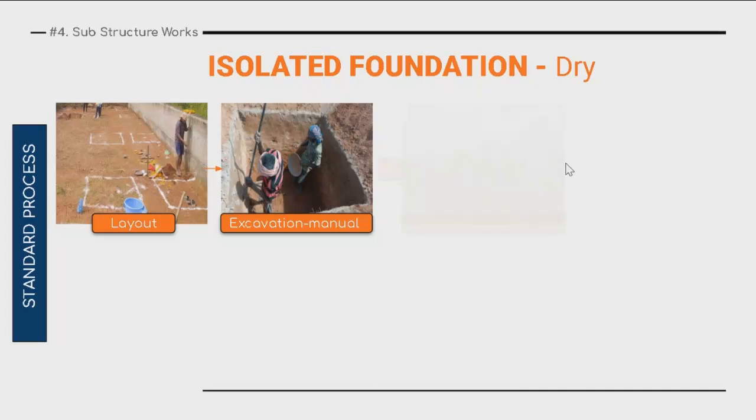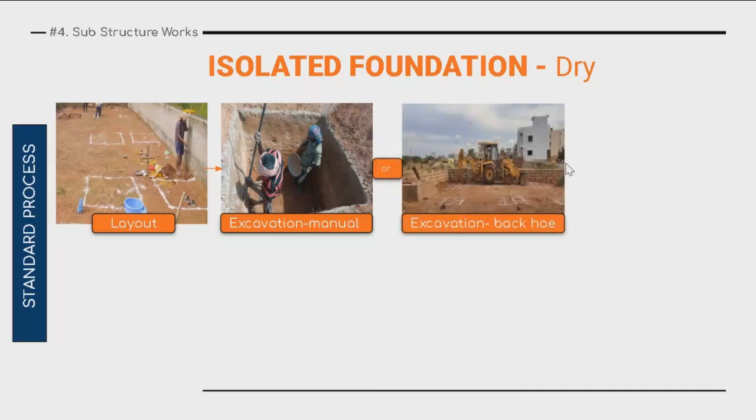Then we can also do this job using a backhoe excavator. This will be quicker and better, but you may not find a proper stage for excavation. After that you have to dress it well to a proper size, but this will be very quick if you have access to the plot. Then we can have the backhoe excavation done.